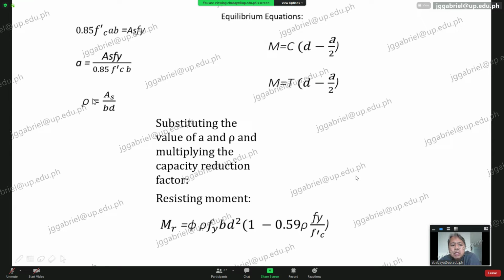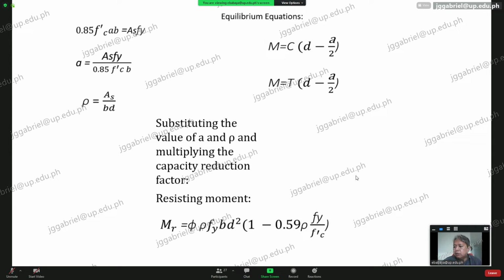Now, we introduce a variable here, rho, which is the reinforcing ratio. That would be AS, the total area of your reinforcement, all over B times D. B, that's the width. D, that's the effective depth. What again is the effective depth? You have to distinguish the effective depth from the total height.